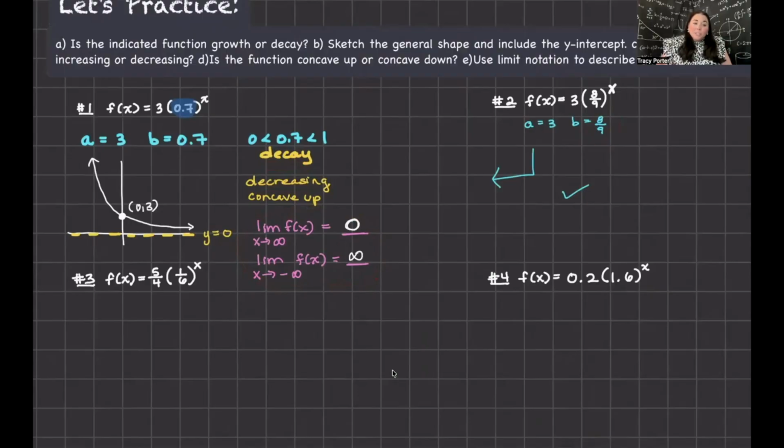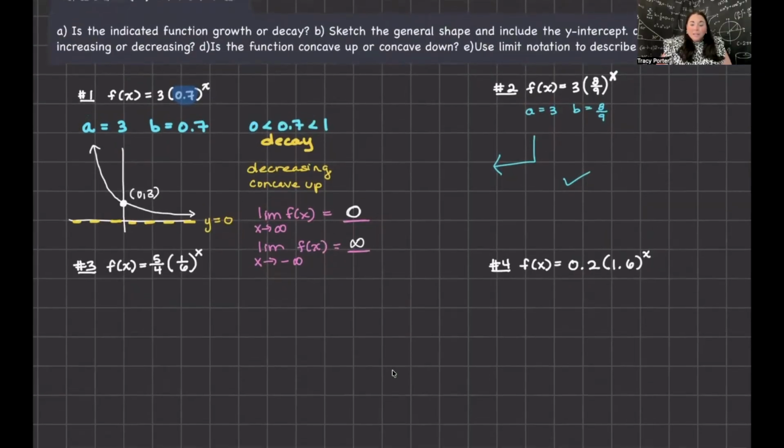And similarly, if you go down to number 3, the same thing will also work, because here we have A is 5/4 and B is 1/6. Now, these A values, see, these ones are both 3, but this A value is 5/4. So it would definitely change the way that it's decreasing.